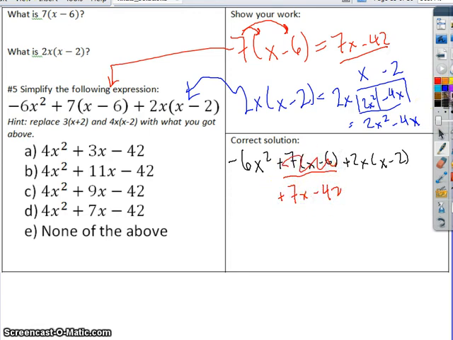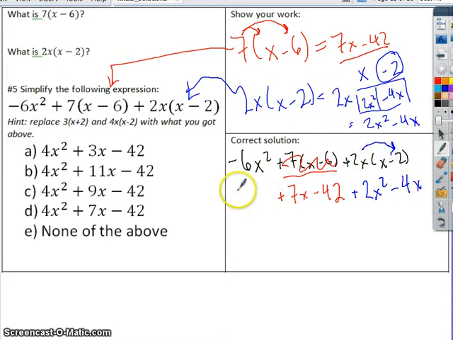And then I'm going to replace the same thing here. 2x times x, 2x times x gives me 2x to the second power, and the 2x times negative 2 gives me negative 4x. That's from this term times this term. This times this gives me negative 4x.